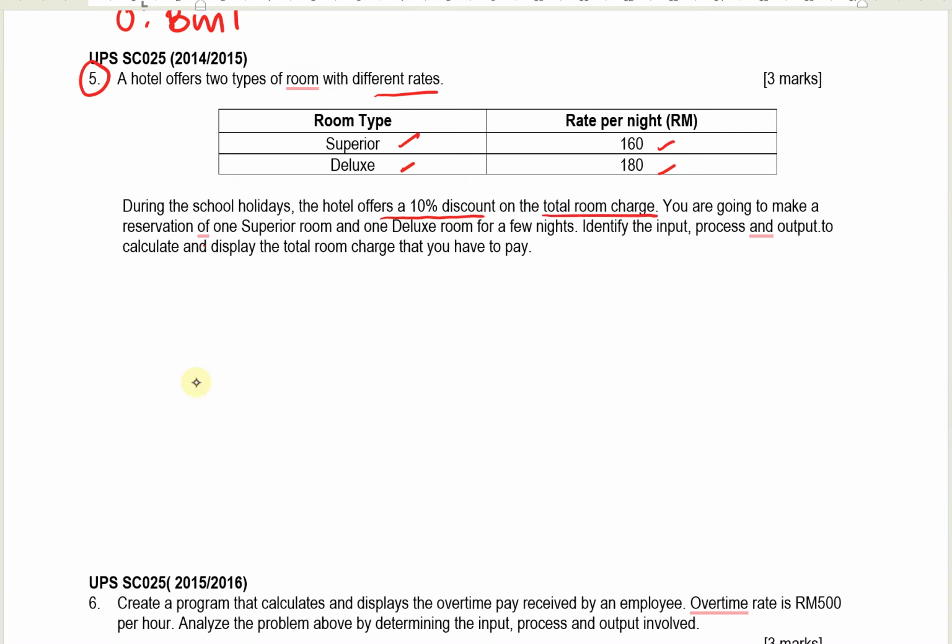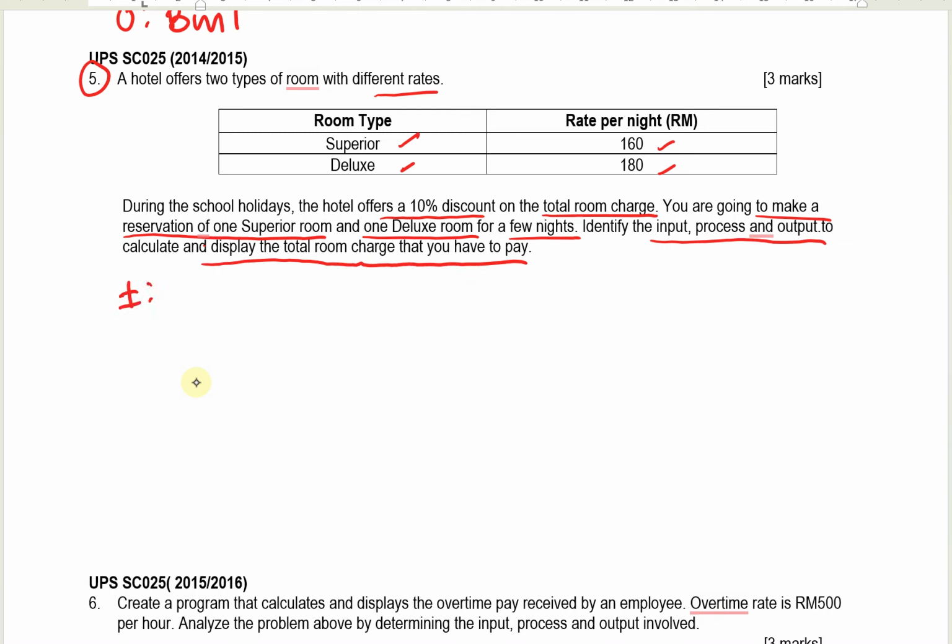Okay, you will get 10% discount during the school holiday. Okay, based on what? Based on the total room charge. You are going to make a reservation of 1 superior room and 1 deluxe room for a few nights. So you have to identify the IPO to calculate what? Display the total room charge that you have to pay.